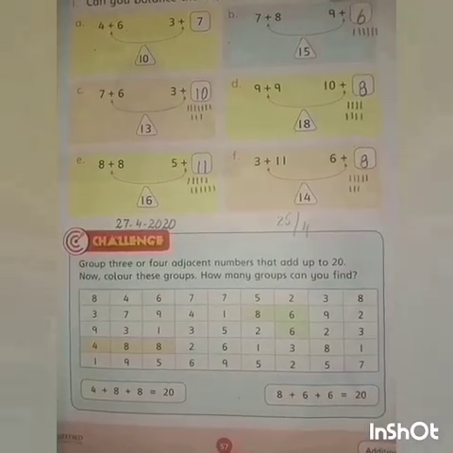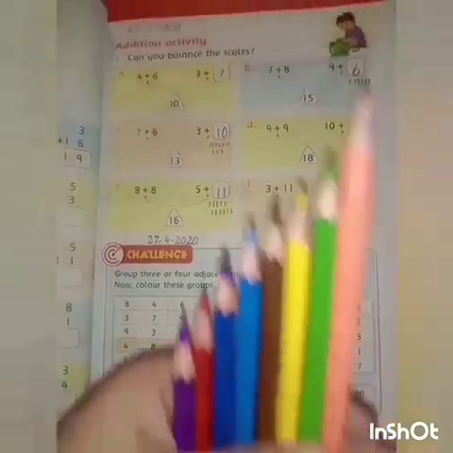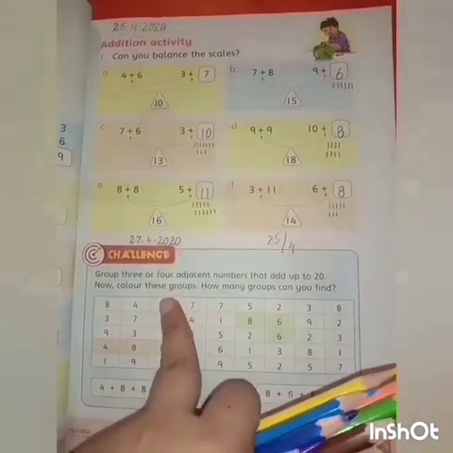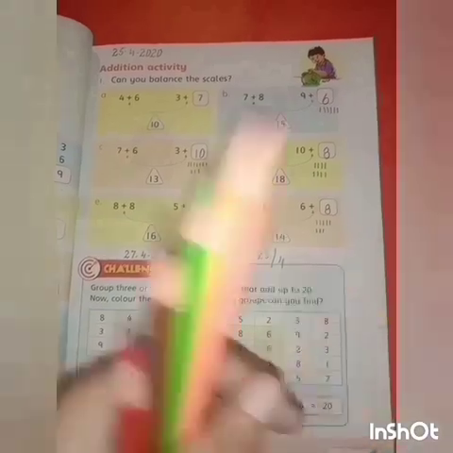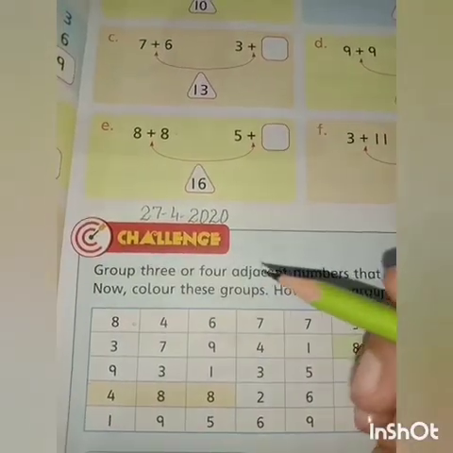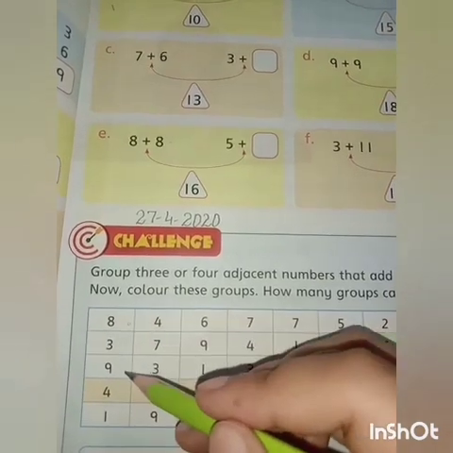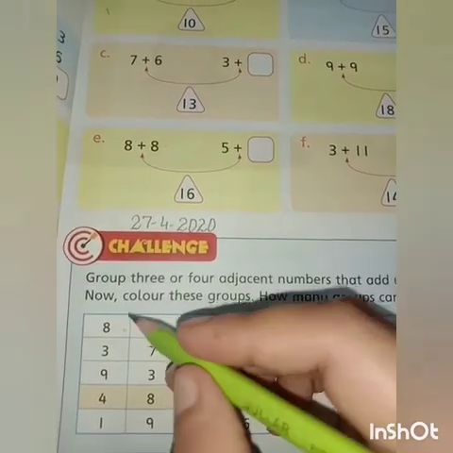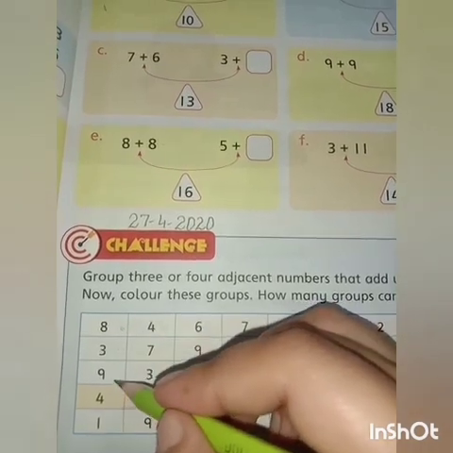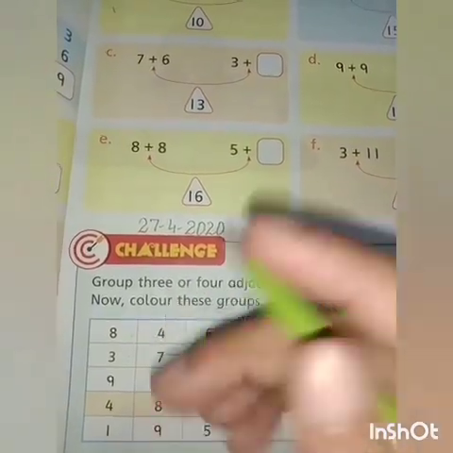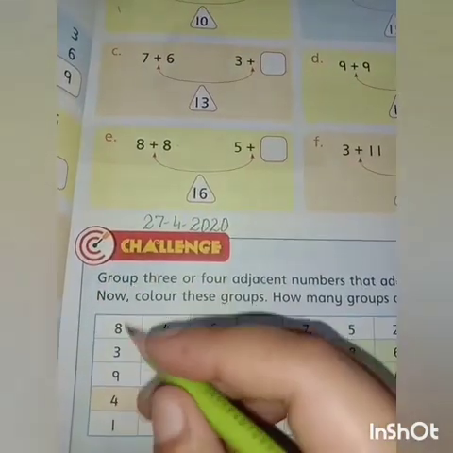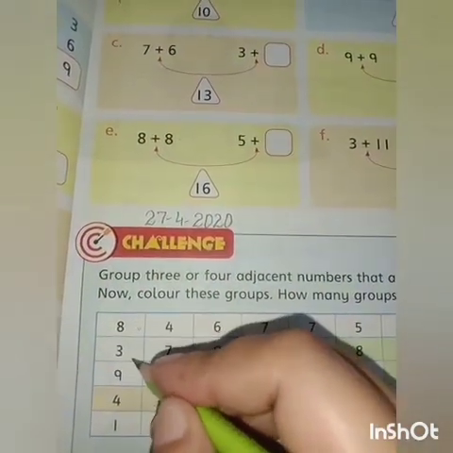Students, to solve this puzzle, we need some colors. With the help of colors, we will color these groups. Students, let's start our work. Here we have our first 3 blocks. 8, 3 and 9. We have to calculate them all together. 8, 9, 10, 11. When we add 3 to 8, the answer is 11.